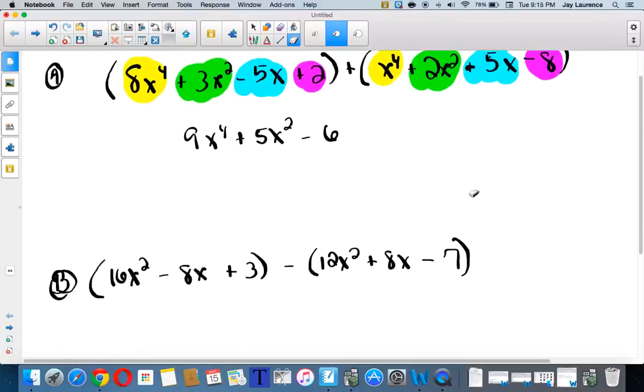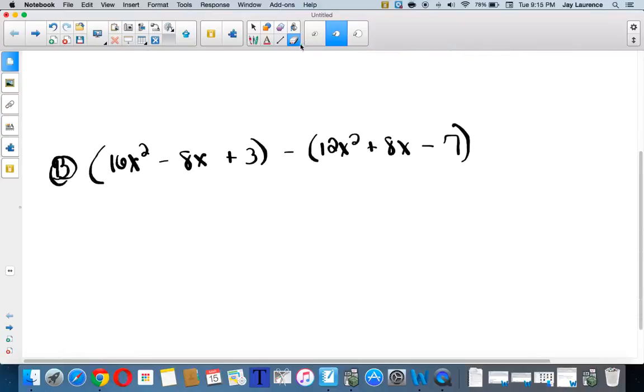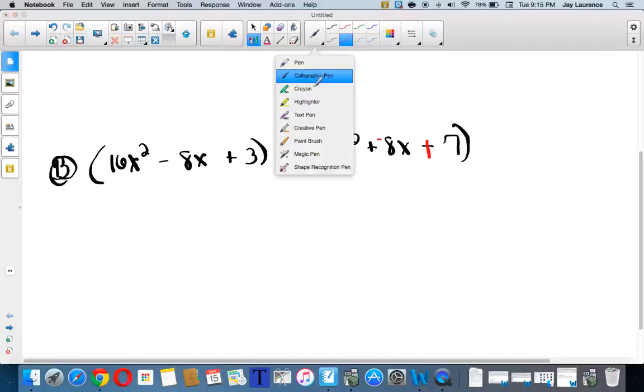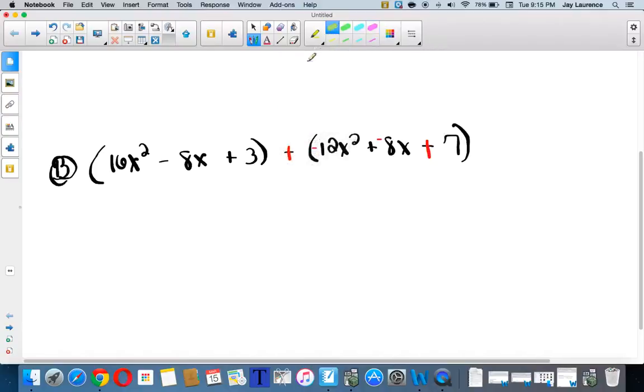Now the second one here, before I can combine my like terms, I have to distribute this negative. This negative means the whole quantity is being subtracted. The easy way to do this is to distribute a negative 1, which changes all 3 signs. Now when I highlight, it'll change things a little bit.